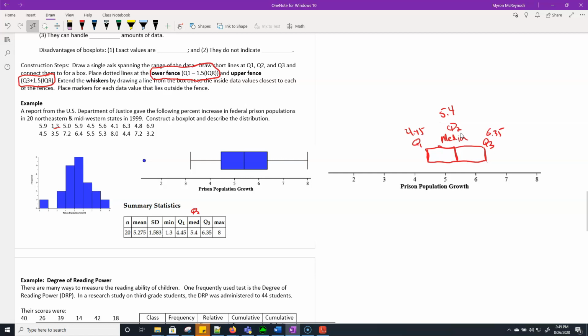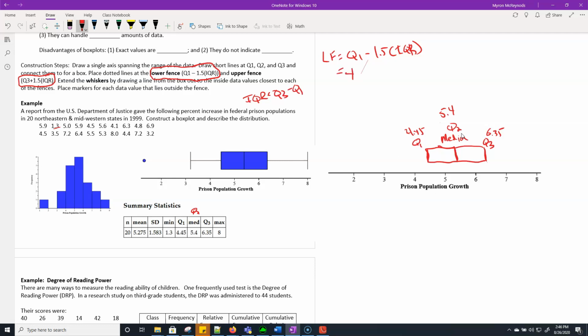So let's calculate the fences. The lower fence is Q1 minus 1.5 times the IQR. And remember, IQR equals Q3 minus Q1. So what is this going to be?